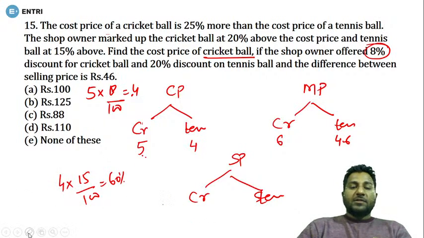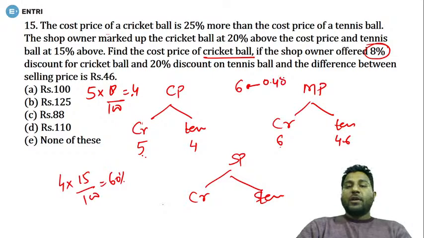We can't do this because the discount will be on the MRP. So 8% of 6 would be 0.48. From 6 we need to subtract 0.48. That means we are left with 5.52. Yes, absolutely correct.